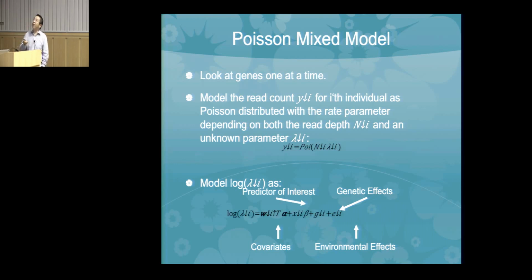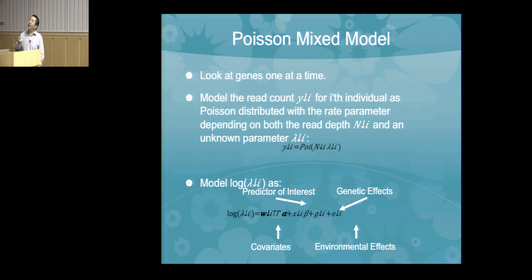These two are very natural and standard components in Poisson mixed effects models. But in addition to these two, we have two extra terms: G sub i and E sub i. G sub i is the genetic effect for the i-th individual, while E sub i is the environmental effect for the i-th individual. The novel part of this model is introducing both G sub i and E sub i to account for those genetic and environmental effects.